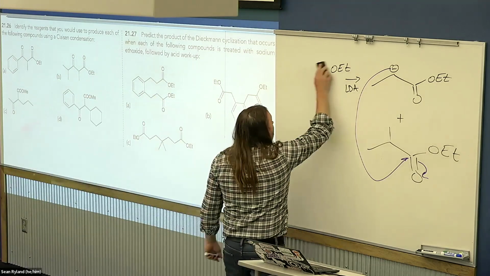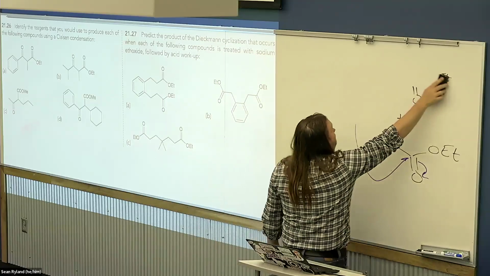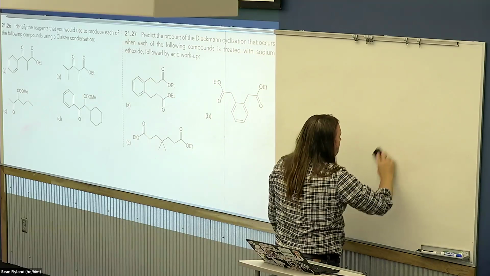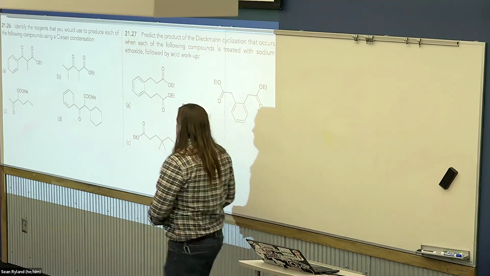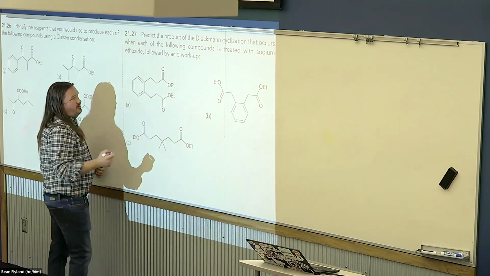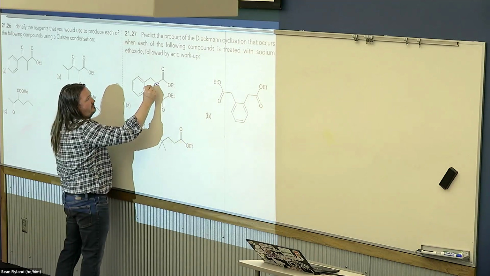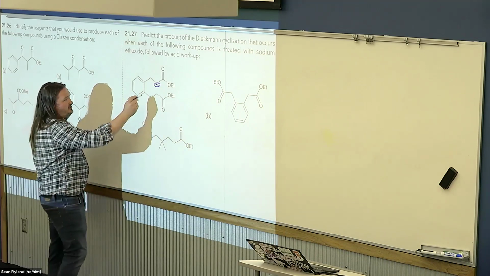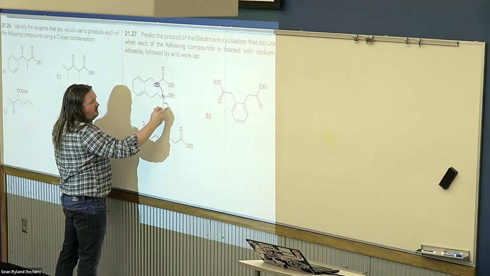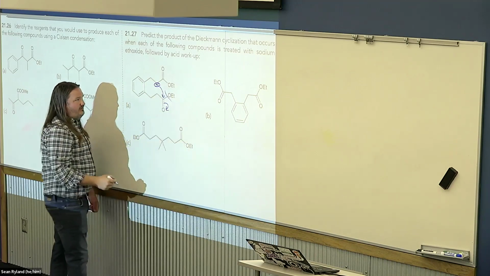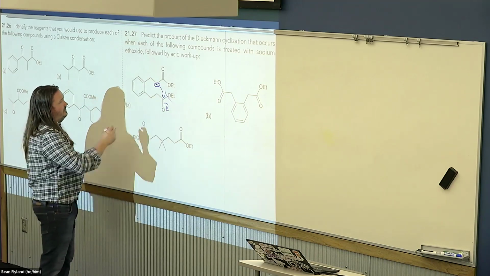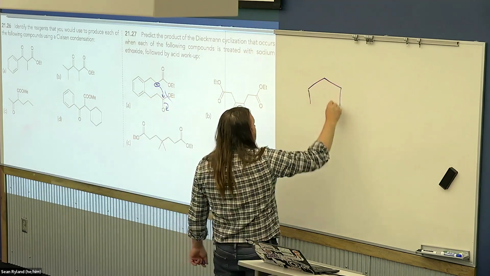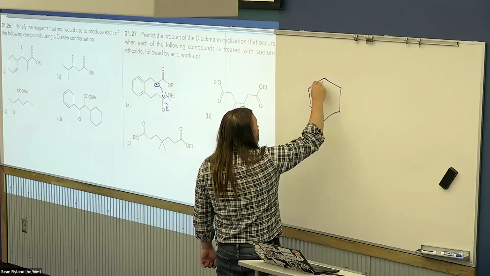So A goes through an internal Claisen condensation, aka Dieckmann cyclization. The first step is you deprotonate the alpha carbon, which then attacks the carbonyl, and we're going to chop that off. So we're going to start drawing the part of the molecule that doesn't change.